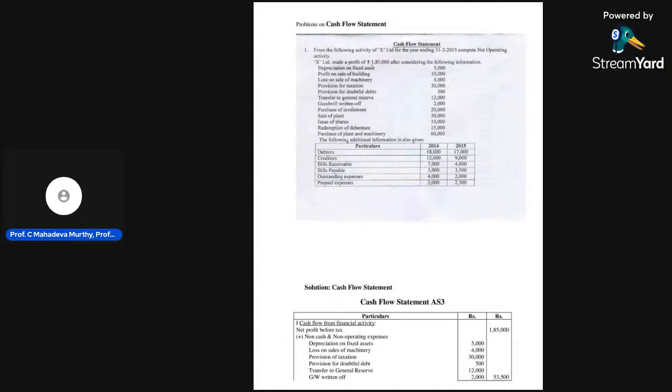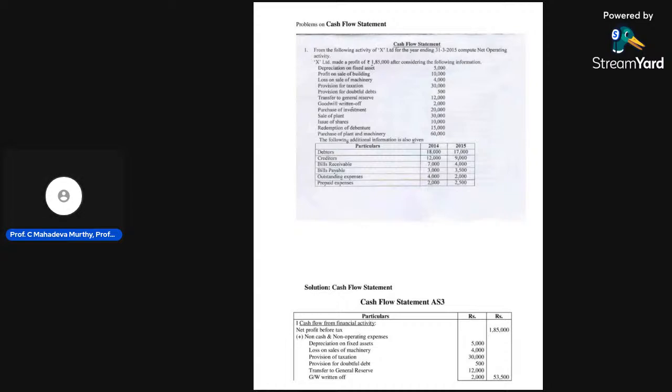Here, first, under cash flow from operating activity, add net profit before tax, then add non-cash and non-operating expenses.